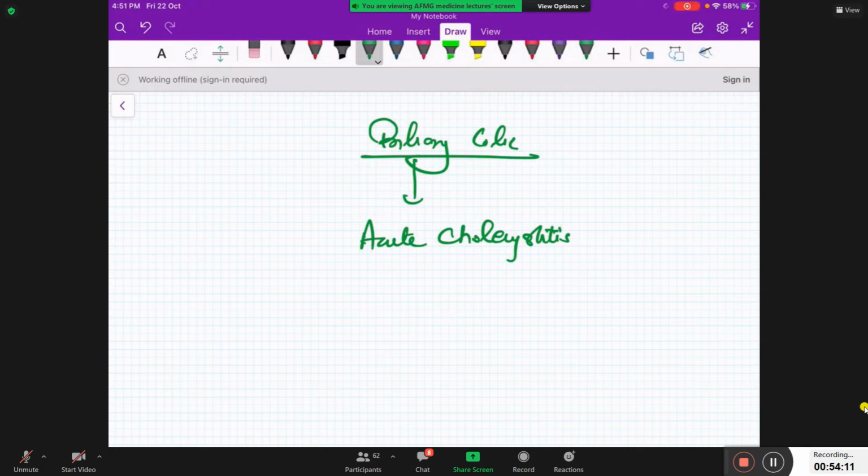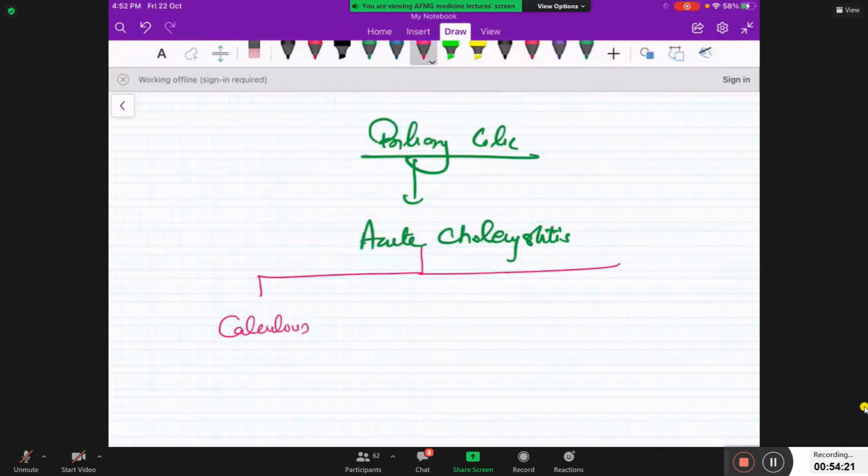Very important discussion it is. Acute cholecystitis can be a calculous cholecystitis, can be a acalculous cholecystitis. Means acute cholecystitis can happen because of the stone in the gallbladder. Acute cholecystitis can happen without the stone in gallbladder also.